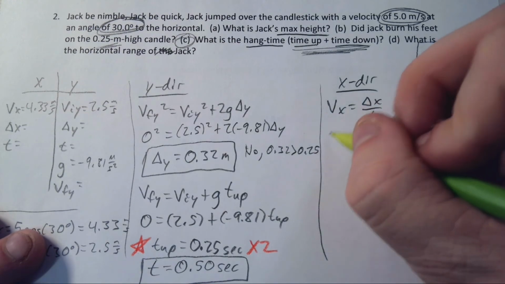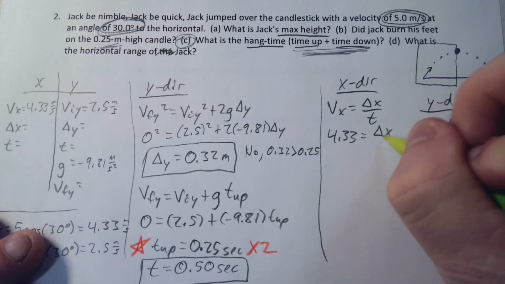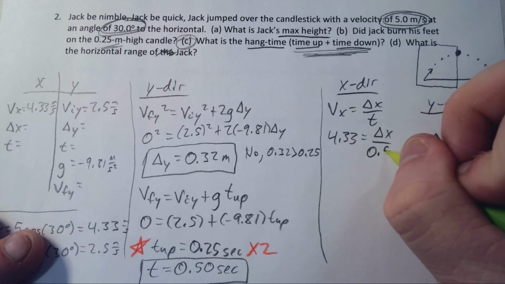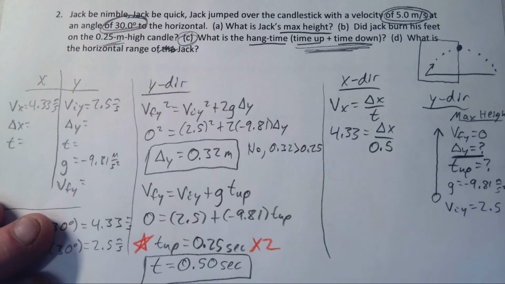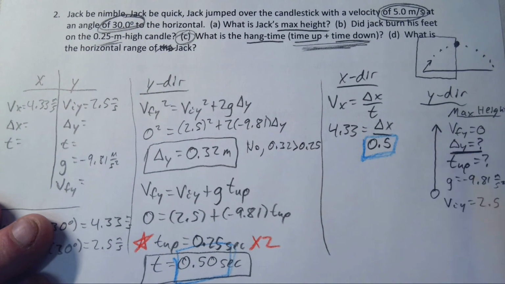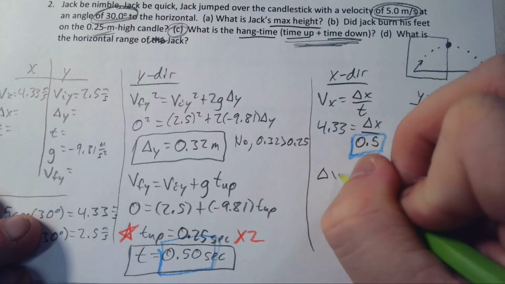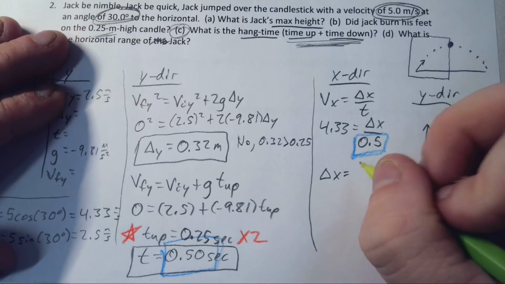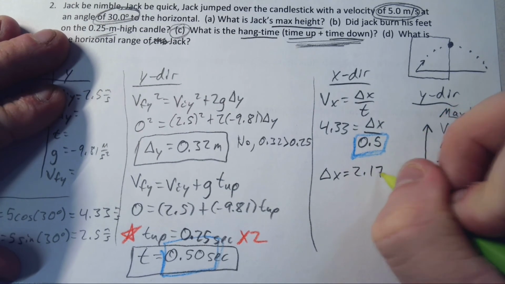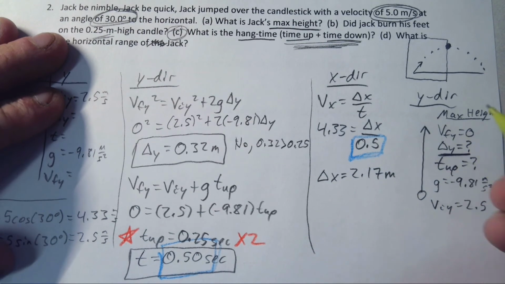So 4.33 equals delta x divided by 0.5. And it's about 2.17 meters, give or take.